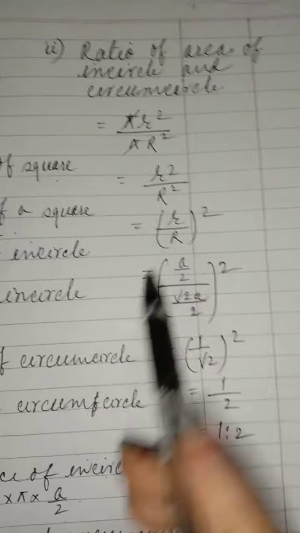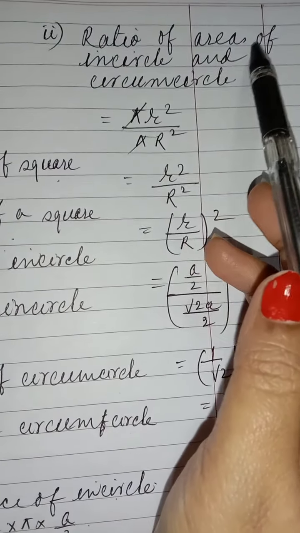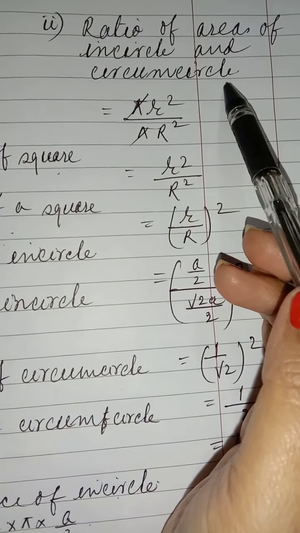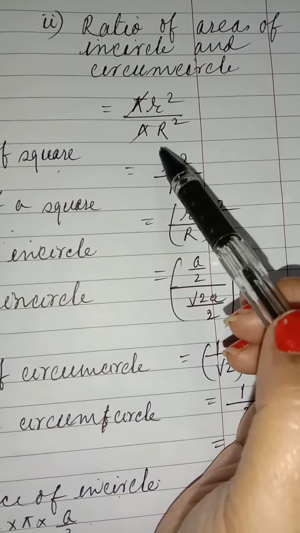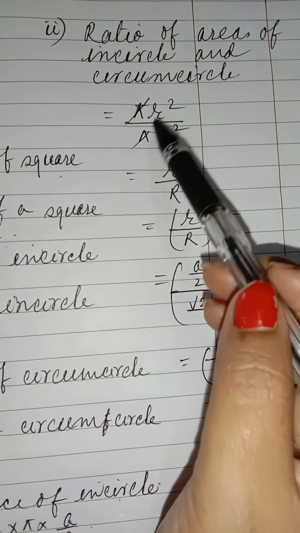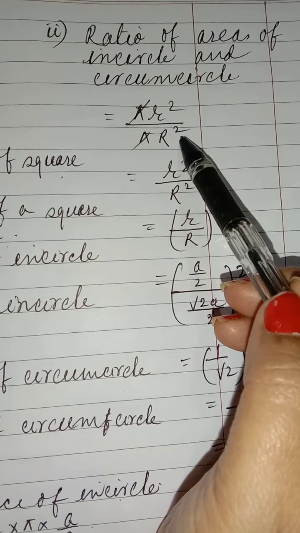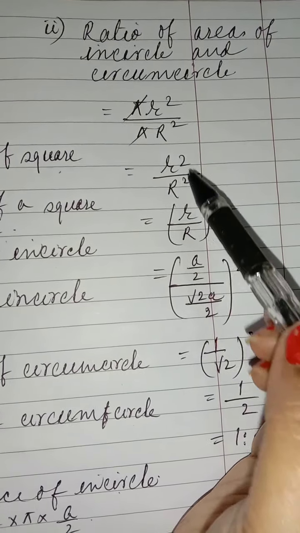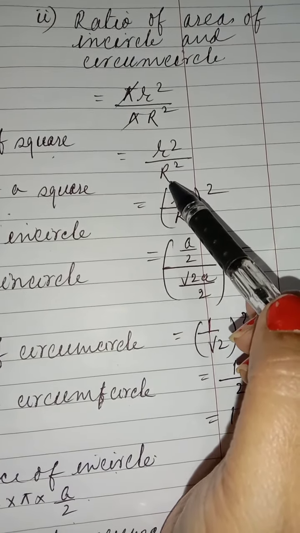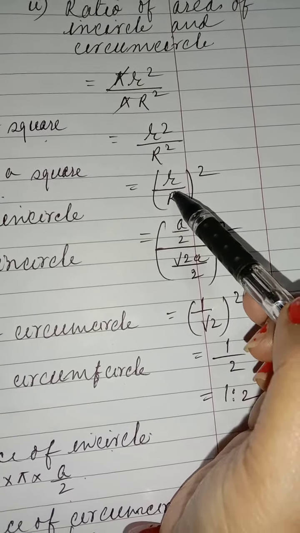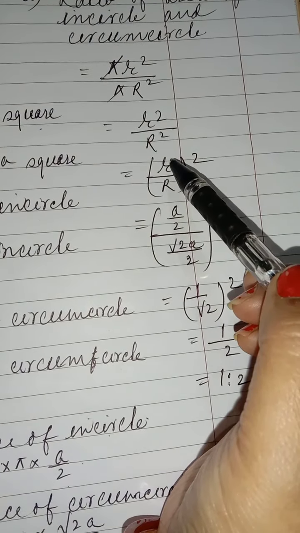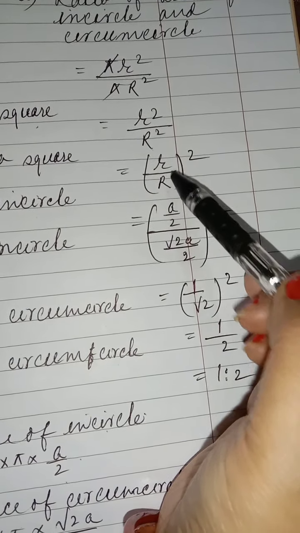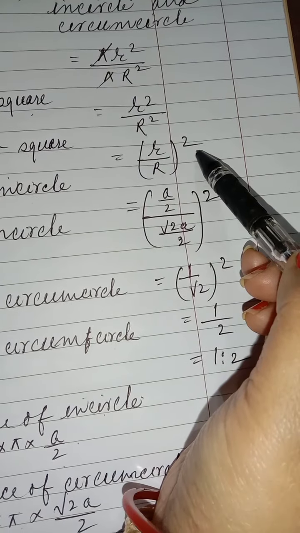And in the second part, you have to find the ratio of areas of the incircle and circumcircle. So we'll use the formula pi r square by pi capital R square. So pi and pi are cancelled. So small r square by capital R square. We can also write it as small r by capital R whole square.